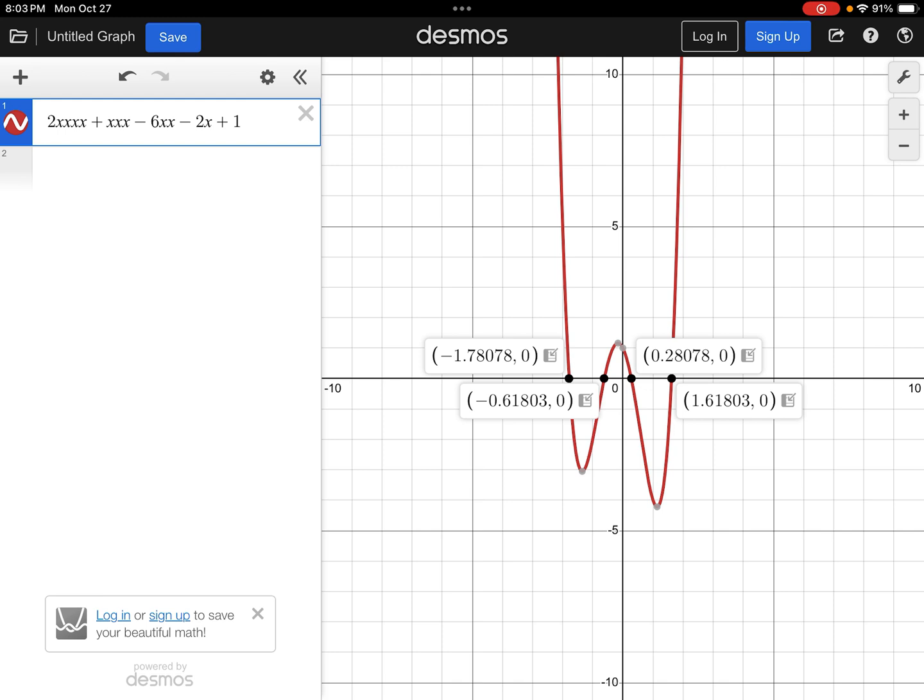So from left to right, and if I'm rounding to 2 decimal places, that's going to be negative 1.78. And then the next one would be negative 0.62. The next one will be 0.28, and the next one will be 1.62.